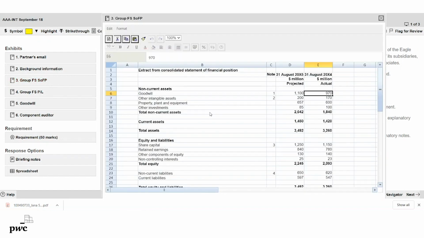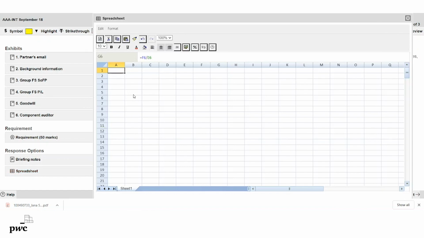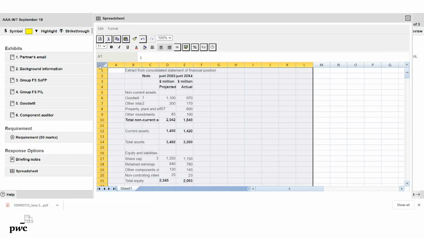Now, you can see that the exhibit was luckily presented in the form of a spreadsheet. You couldn't make the calculations directly in the spreadsheet because the cells are locked there. So you have to copy it into your response option spreadsheet and then work with it further.